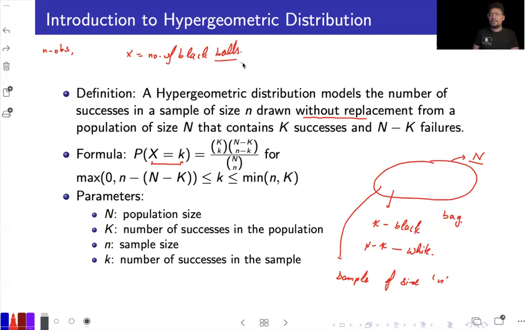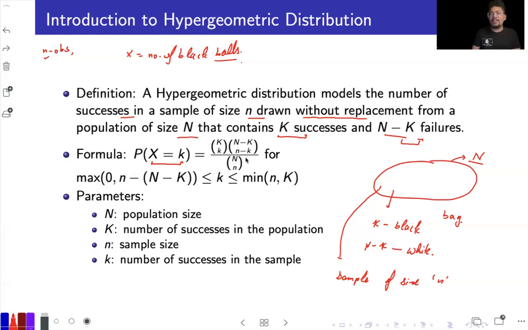Like in my example. If I go for the definition given in the slide, a hypergeometric distribution models the number of successes in a sample of size n drawn without replacement from a population of size capital N. This population contains capital K successes and N minus K failures. We need small k successes in our sample of size small n.